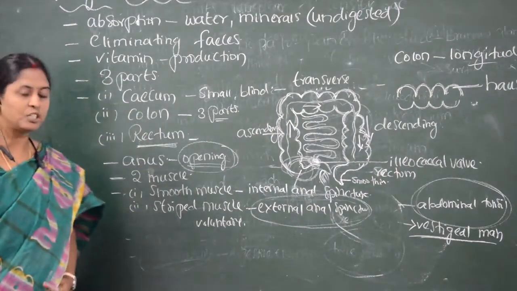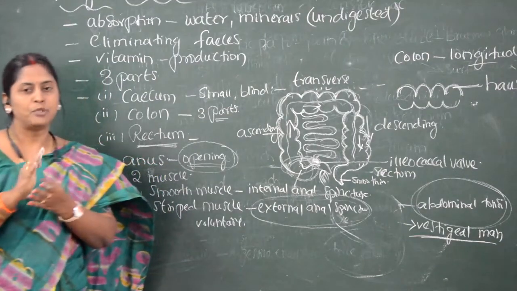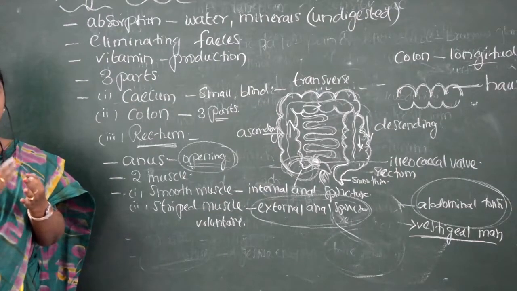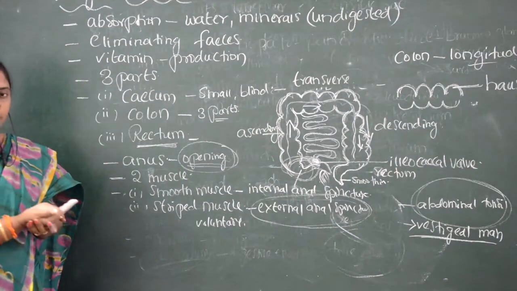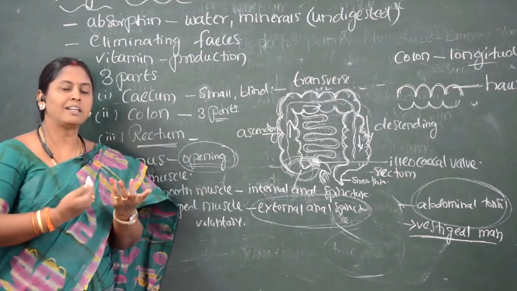Once again, children, the main function of the large intestine is absorption of water and mineral salts present in the undigested food materials, or the nutrients which are again required for the body.